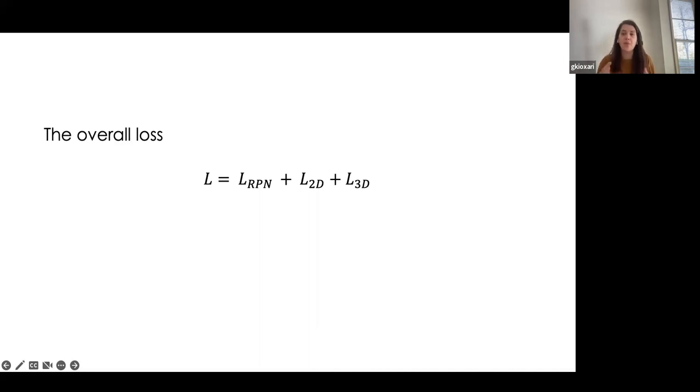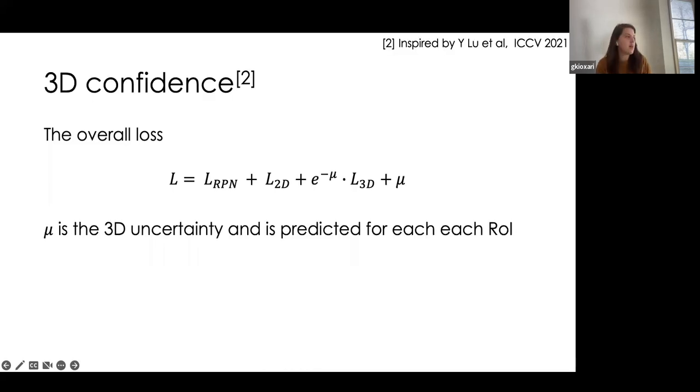So you want to give the model the freedom to be confident about 2D, but not confident about 3D. And the way that we're going to build that in is that we're going to introduce a 3D confidence or 3D uncertainty, the opposite of confidence, to weigh the 3D loss.